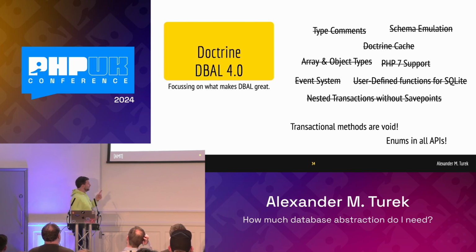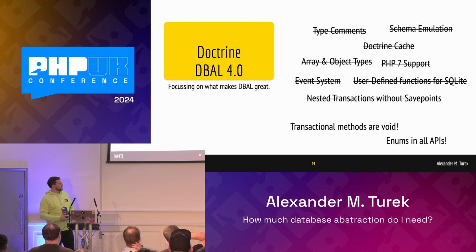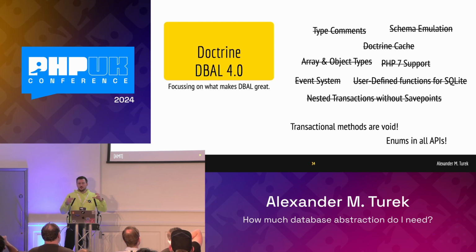We have removed nested transactions without save points. What is this actually? Most databases don't support starting a transaction within a transaction. They have a system called save points. If you are in a transaction, you can set a save point and then roll back to that save point without rolling back the whole transaction.